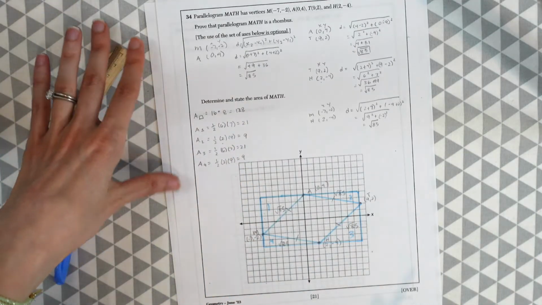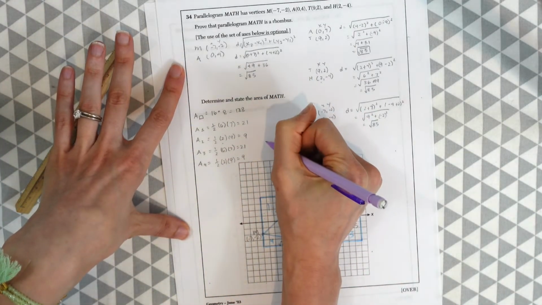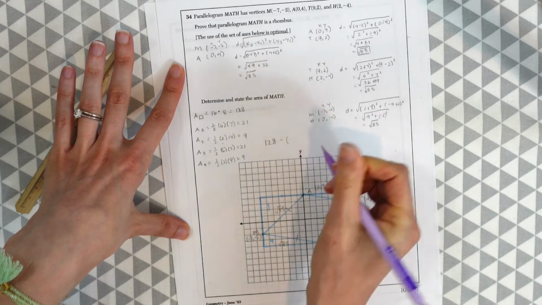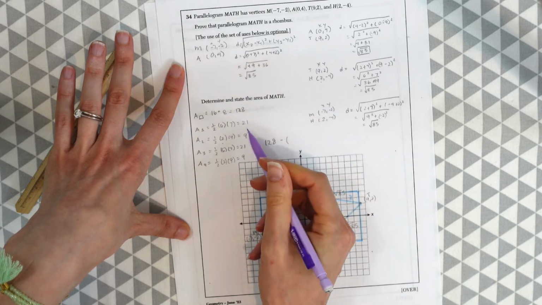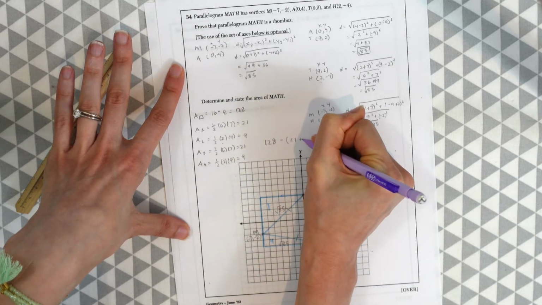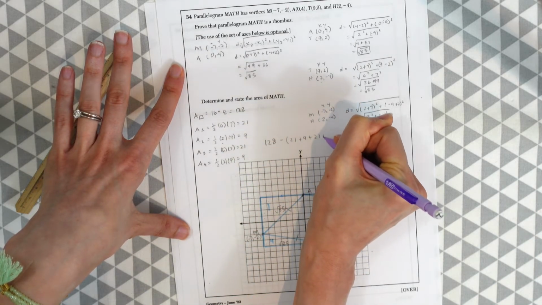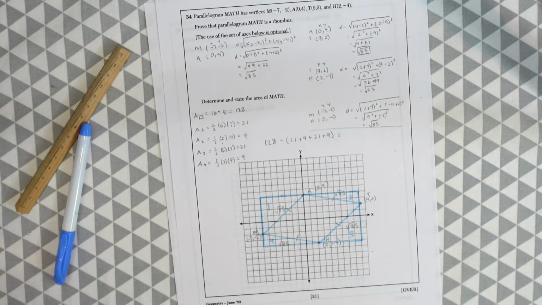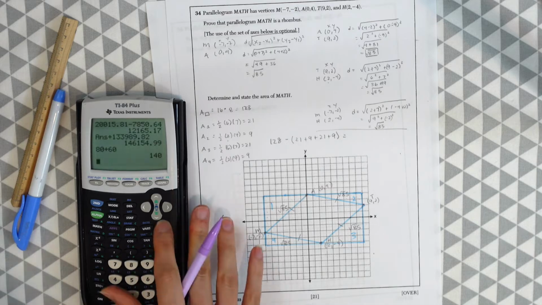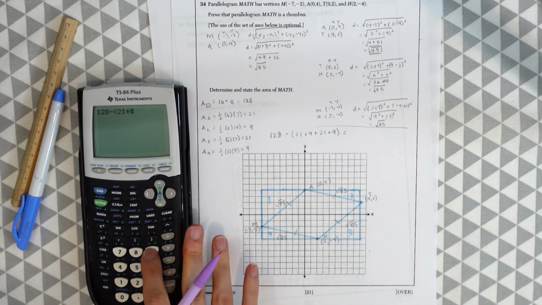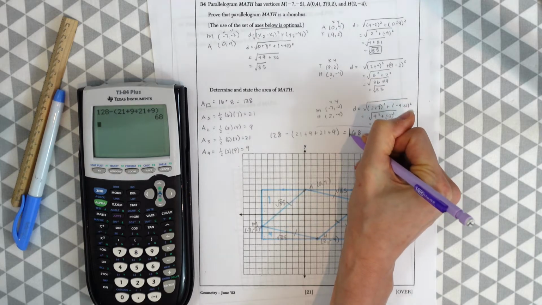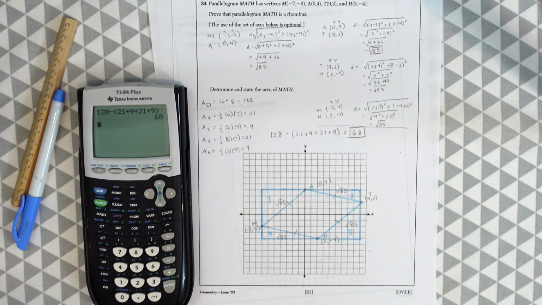So now that we have all this information, we're going to take the area of the rectangle, 128, and subtract out all these triangles. So subtract 21 plus 9 plus 21 plus 9. And we get 68. And that's our answer.